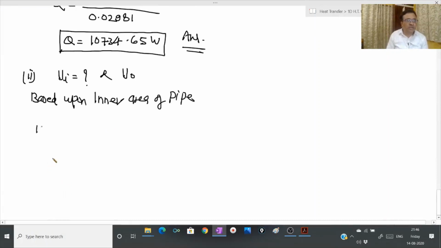It is nothing but UI into AI is equal to 1 upon summation of total thermal resistance.